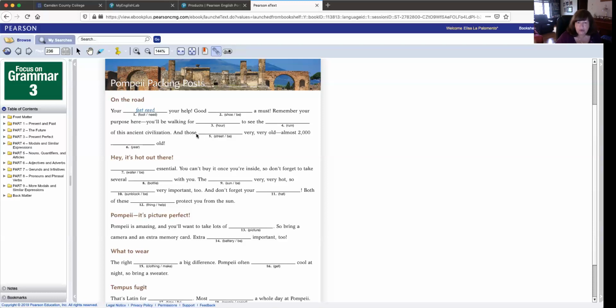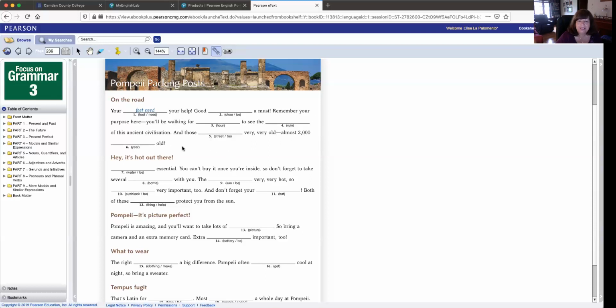This is those, which is plural. Streets, S. And because streets is plural, the to be verb form is going to be are. And those streets are very, very old, almost 2,000, then we have year, old. 2,000, of course, makes year plural, almost 2,000 years old, okay?